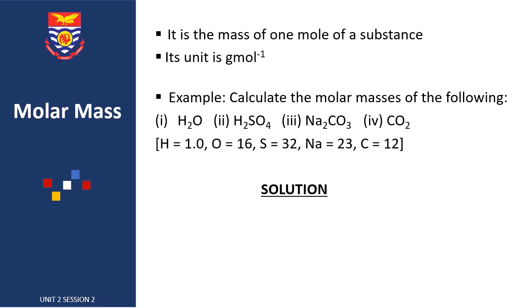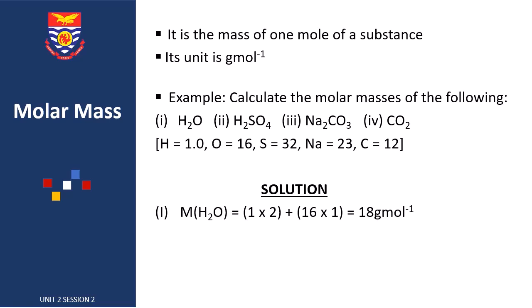Now, this is how to go about such a situation. For example, we want to find the molar mass, which is represented by capital M, of water. We are looking at all the atoms in the water, so we'll pick them one after the other. We start with what we see first, which is hydrogen. So we pick the atomic mass of hydrogen, which is 1.